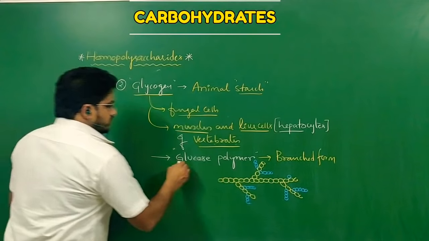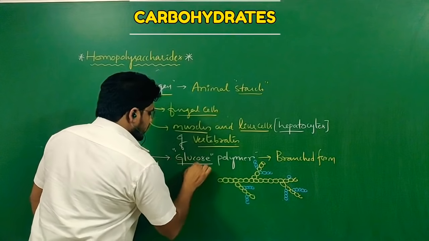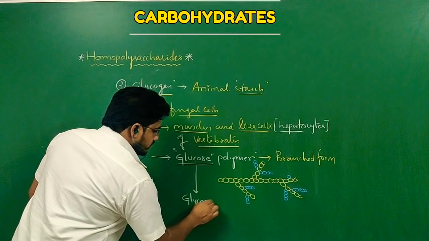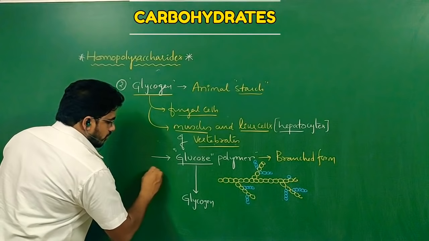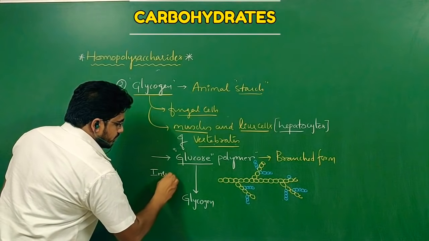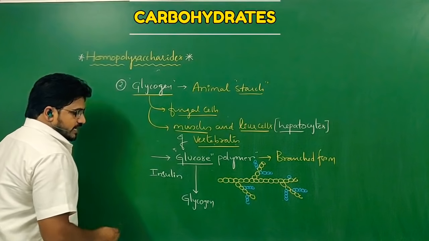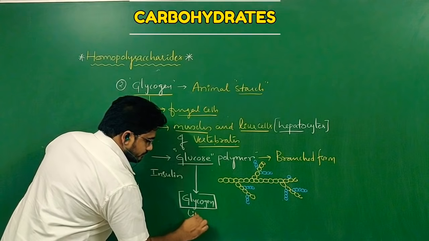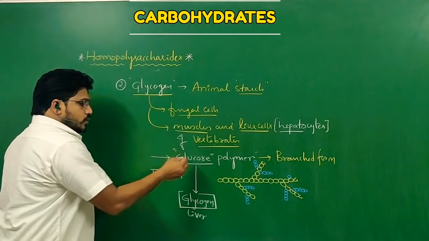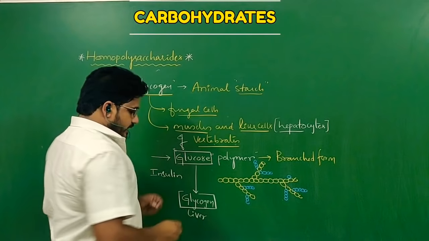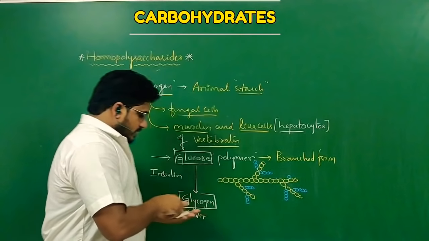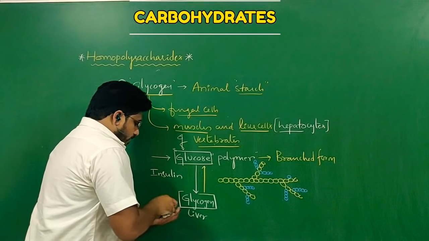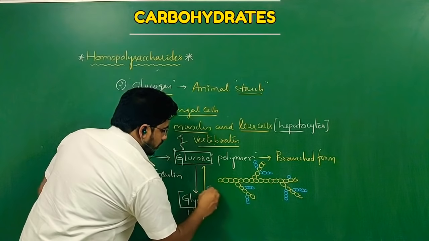Now, glucose molecules are converted into glycogen by a hormone called insulin. Once glucose is stored in the liver, whenever the glucose percentage is low in the blood, glycogen converts back to glucose by a hormone called glucagon.